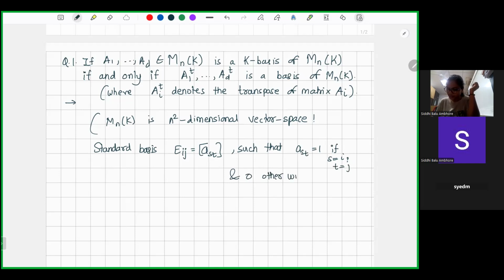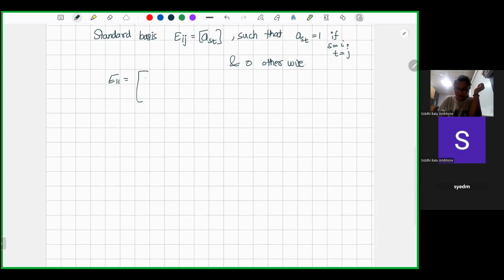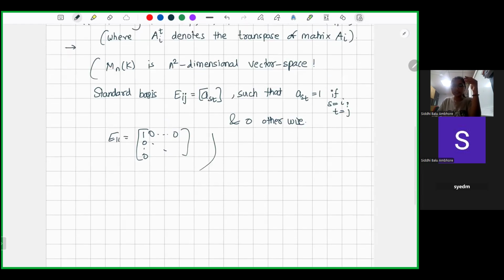So E_11 is just 1 at the (1,1) entry and it's 0 otherwise. So this is how these matrices are. So this is the standard basis.